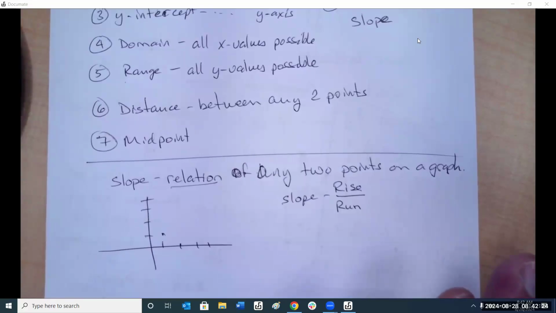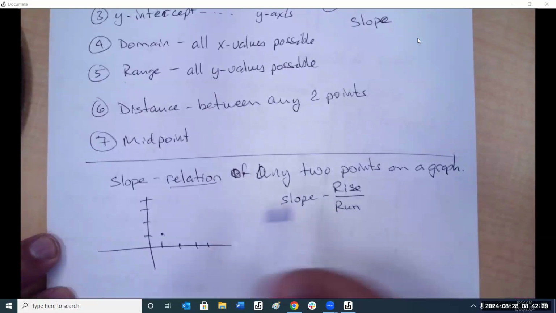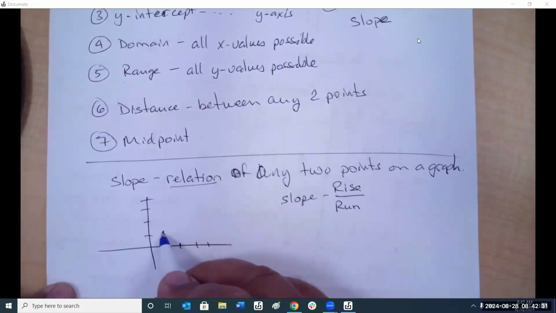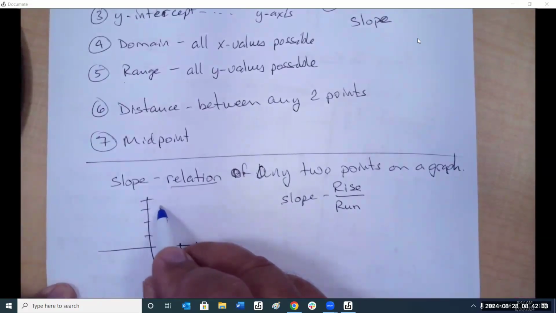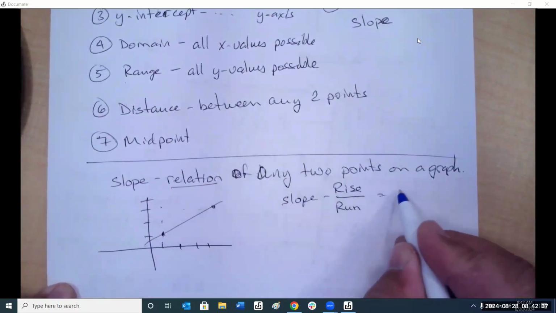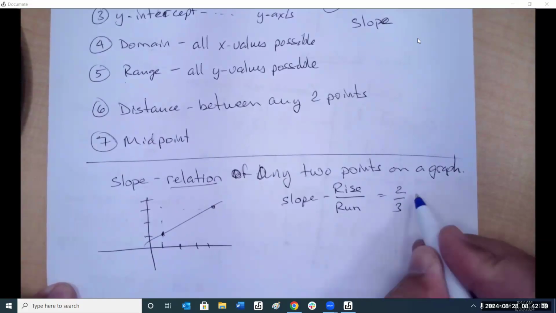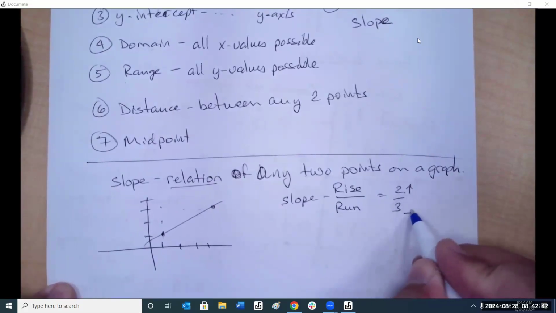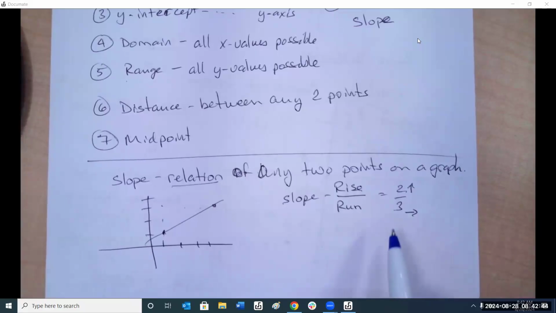That definition is what we typically teach our elementary school kids, but it's not really accurate. Because rise means from this point, I go up, let's say 2, and then over 3. So that one would be up 2 over 3. And the bottom is always positive.